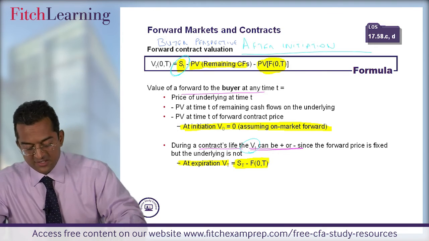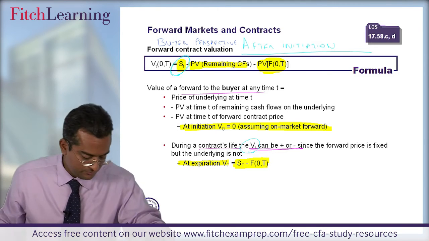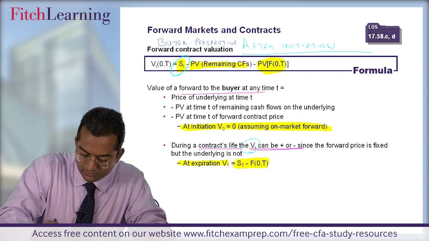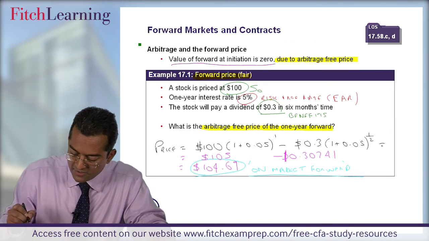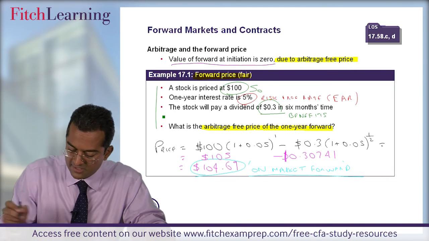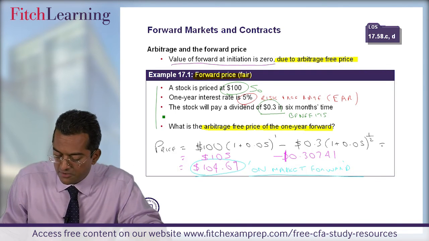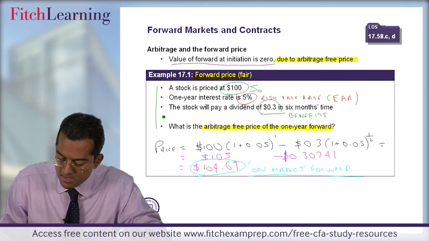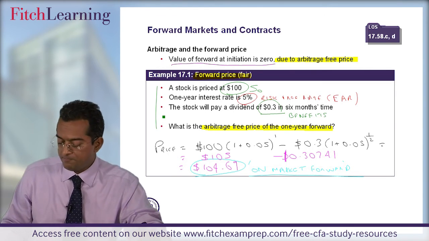Let's consider, for this example, going back to example 17.1: stock price $100, 1 year rates 5%, and the stock will pay a dividend of 30 cents in 6 months' time. We said the fair price was 104.69.